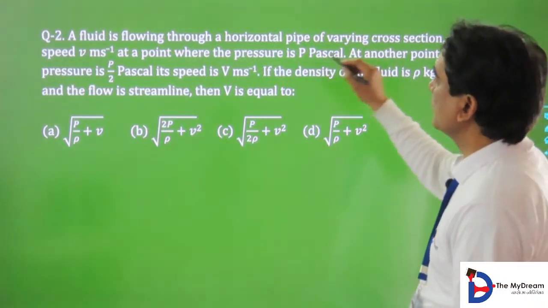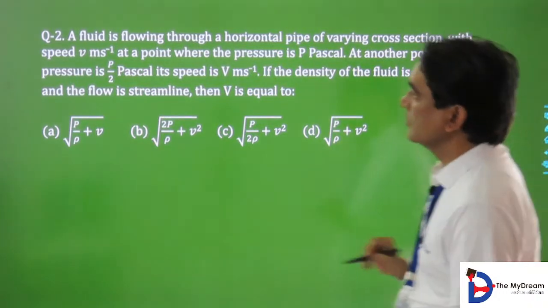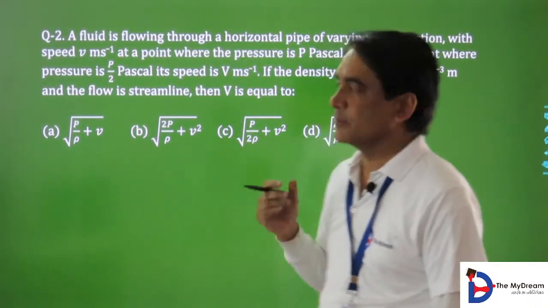A fluid is flowing through a horizontal pipe of varying cross section. The areas of cross section are different.